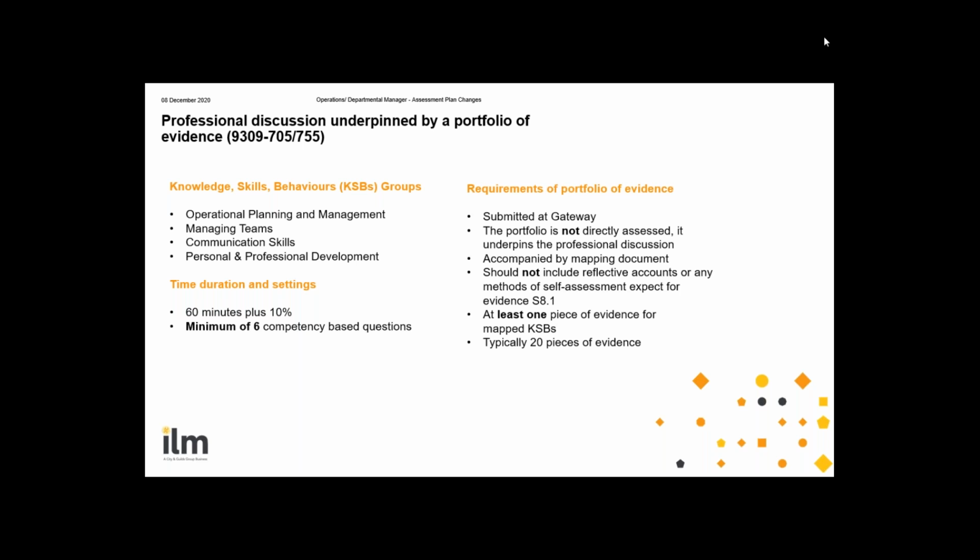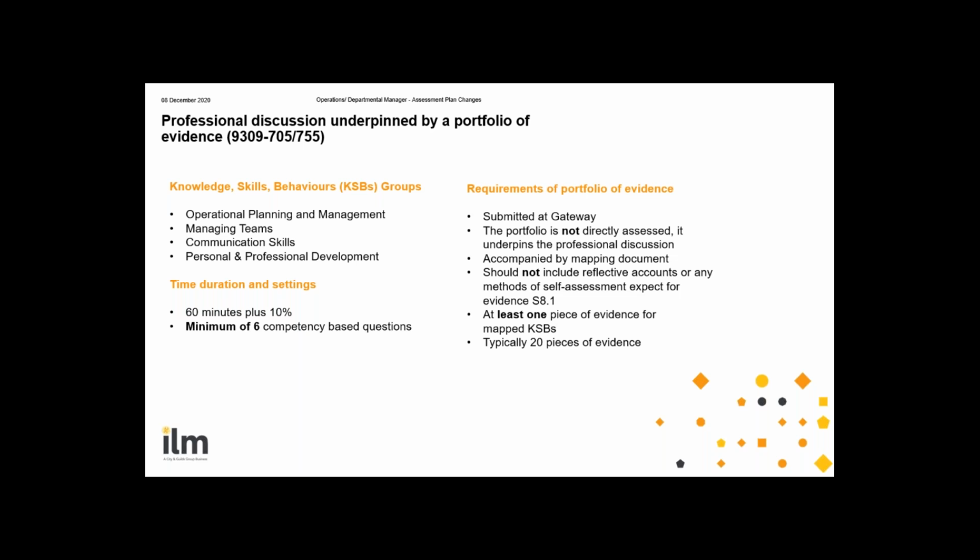Now, if we receive the portfolio and there is a lot more evidence included outside of these 20 pieces, it could be that the portfolio will be returned because the evidence is deemed excessive. Therefore, the apprentice will need to revise the portfolio evidence and then resubmit it.